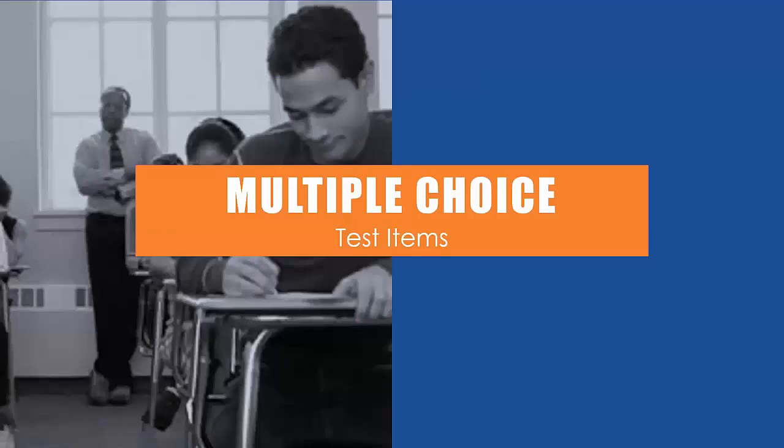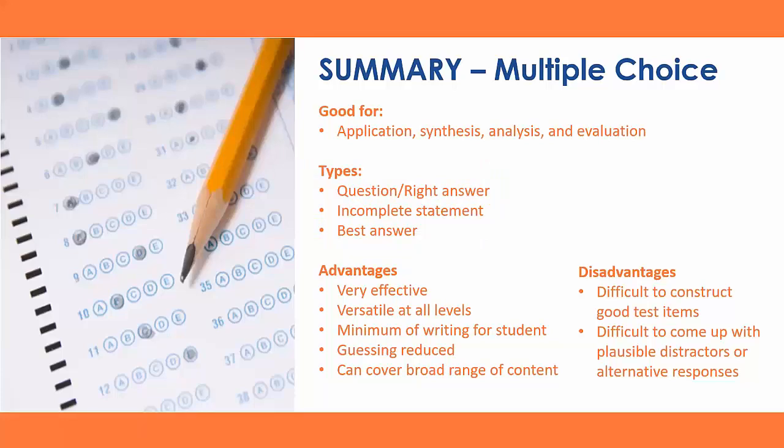So the first type of test item that we're going to be discussing today is going to be multiple choice. The multiple choice item consists of the stem, which identifies the question or problem, and the response alternatives or choices.